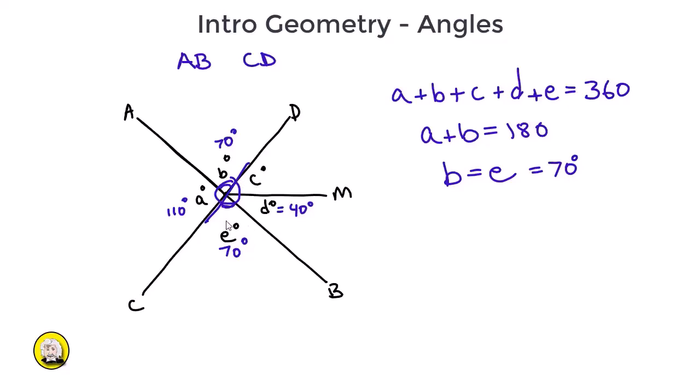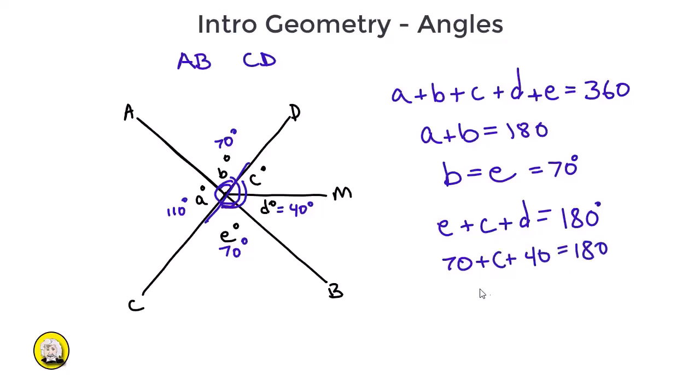Lastly, I know E plus C plus D are also angles along the line, so they must equal 180 degrees in total. E plus C plus D. So D and E, in this case, are 70 and 40, and that will allow me to solve for C. C is 180 minus 70 minus 40, which is minus 110, and that turns out to be 70 degrees.